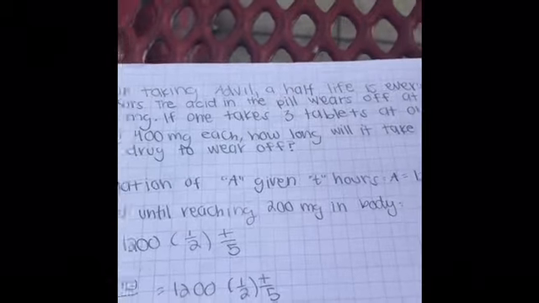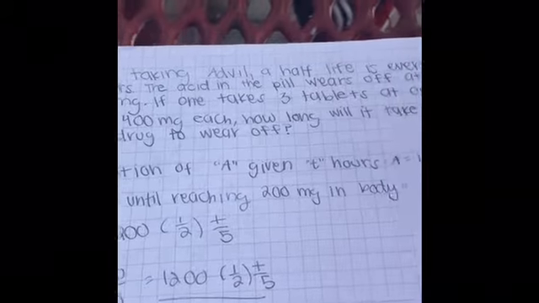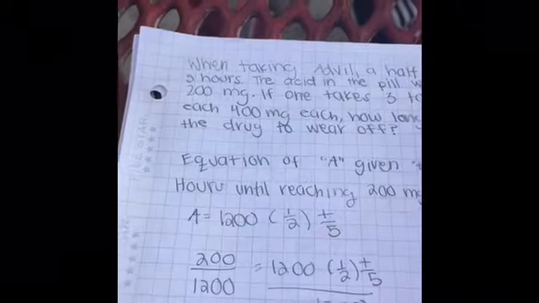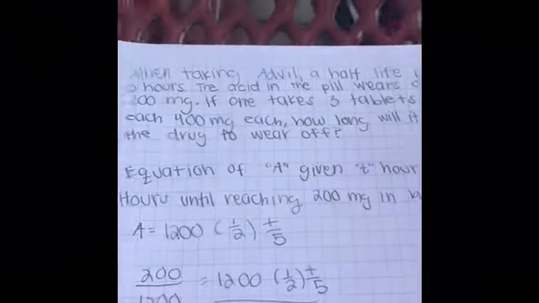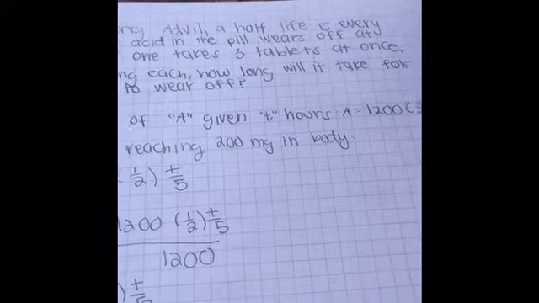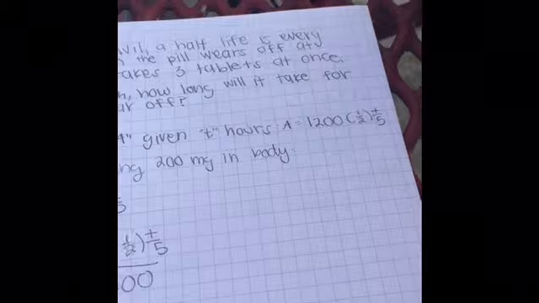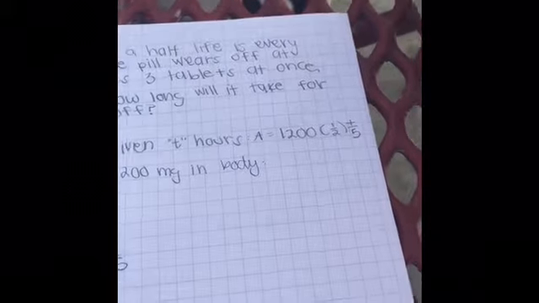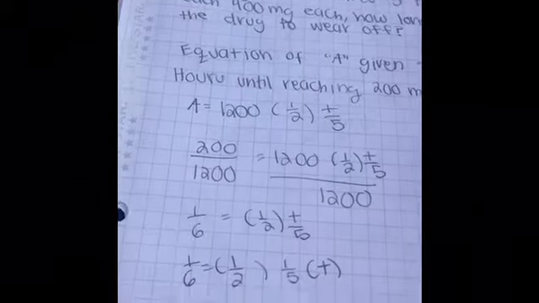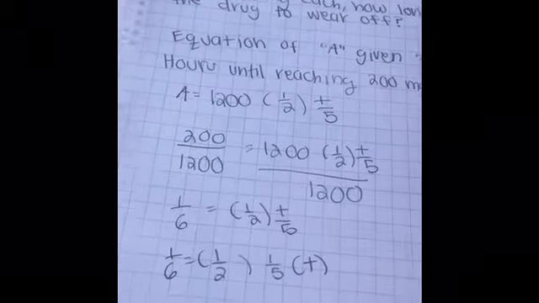Alright, when taking Advil, the half-life is every 5 hours. The acid in the pill wears off at 200 milligrams. If one takes 3 tablets at once, 400 milligrams each, how long will it take for the drug to wear off? The equation of A given T hours is A equals 1,200 times 1/2 to the T over 5. So you start with A equals 1,200 times 1/2 to the T over 5.